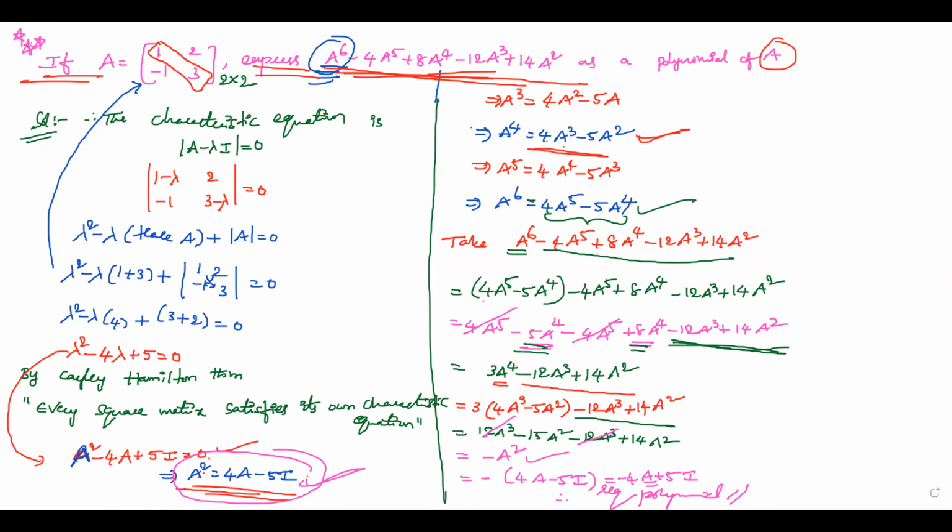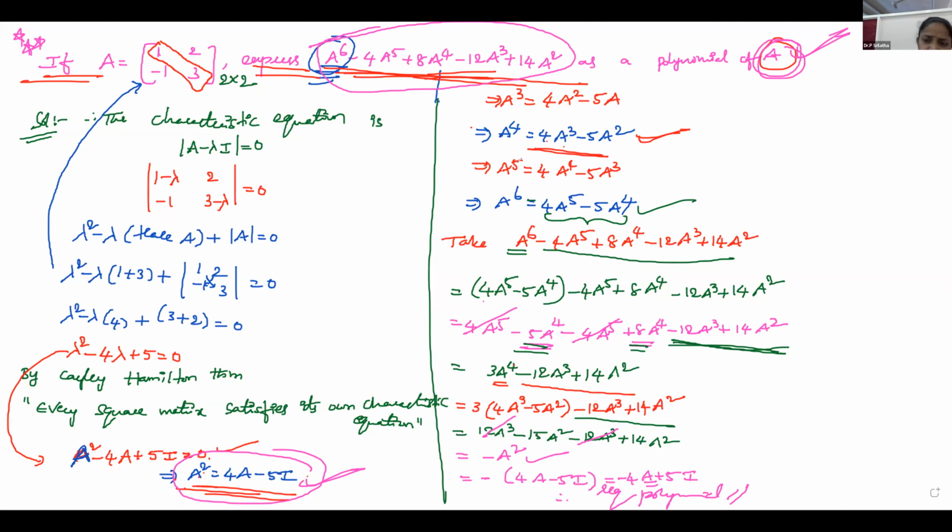Ma'am, I have a question. What if they asked us to just find out the value of that big polynomial, but they didn't say we have to find it in the form of a? Which you have to express this total term in terms of a. Yeah, but what if we had another question in which they didn't say we have to express it, but just find the value of it?